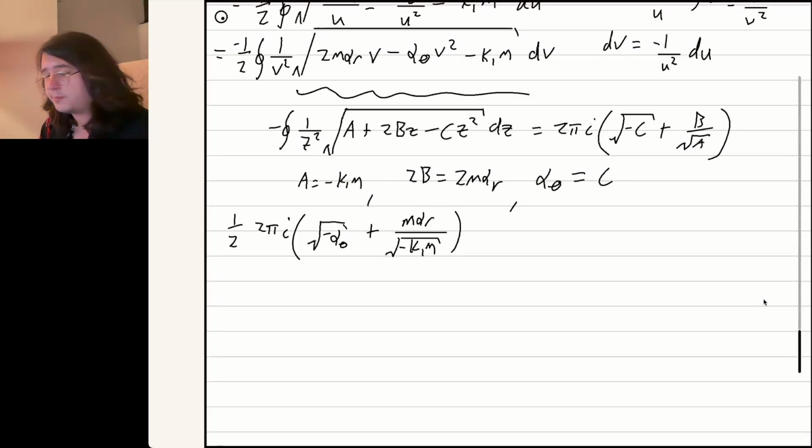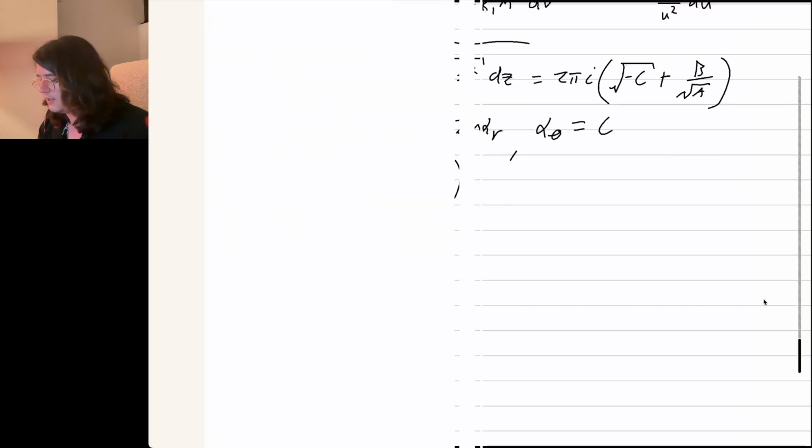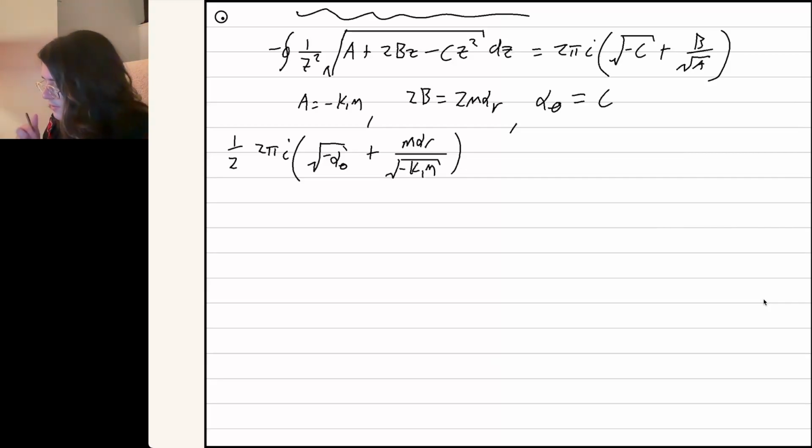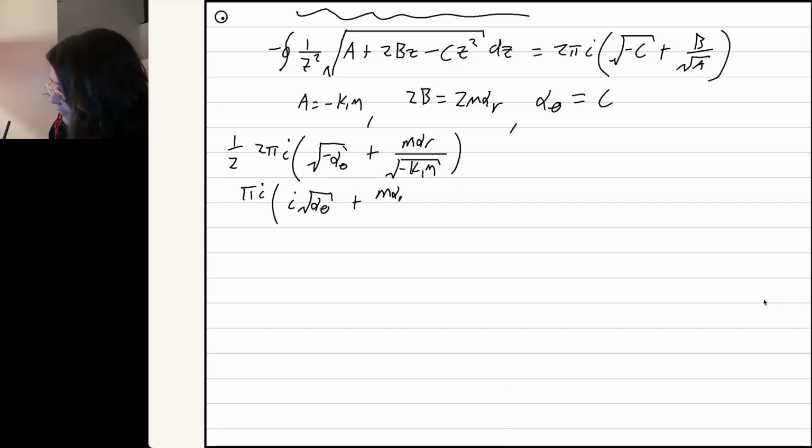So we have a couple of radicands which have negative signs in them. I'm just going to go ahead and deal with those. That's going to be i times root alpha theta plus m alpha r over i root k1m.